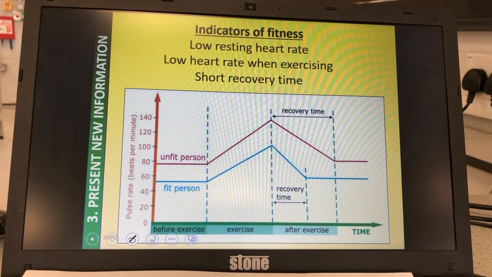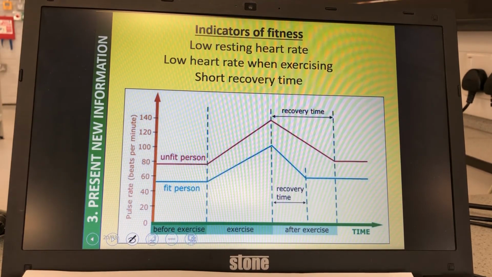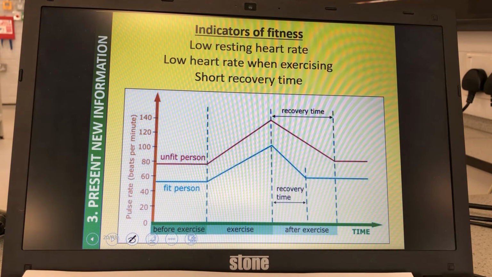And we have got 3 different indicators of fitness that help us to compare us to our friend and see who is the fittest. Now you can see red line is the unfit person and blue line is the fit person. Now this could be that your lines cross over.